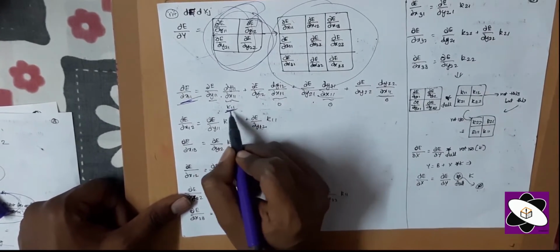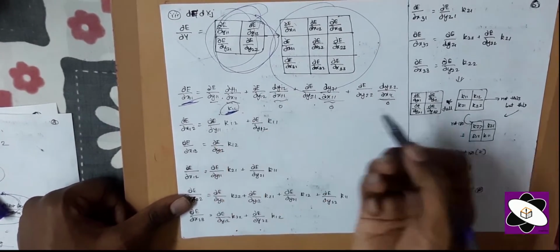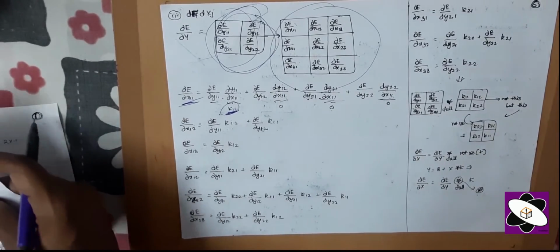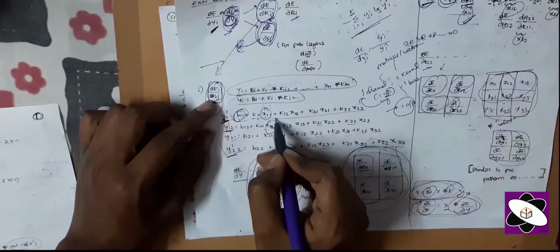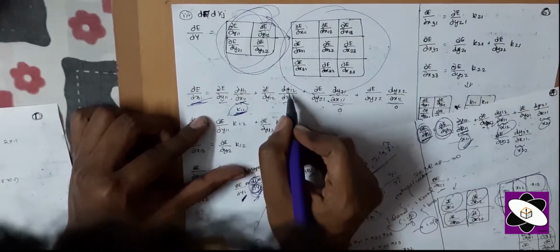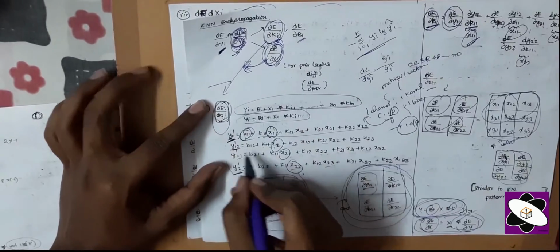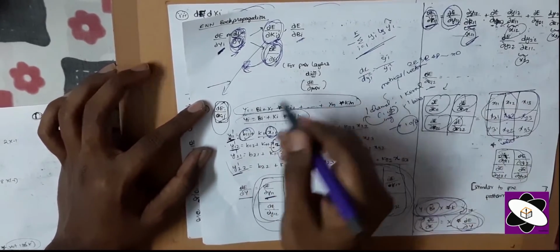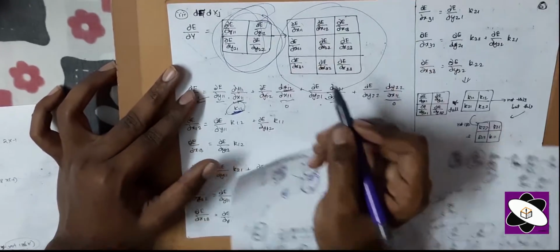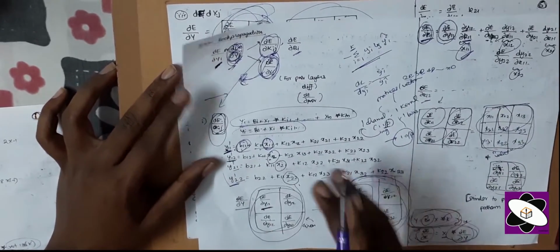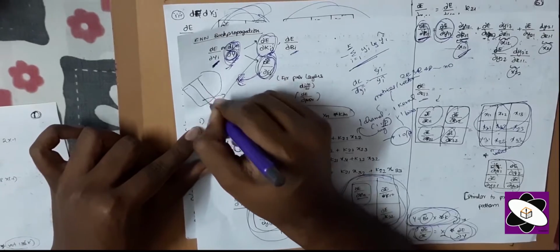In this case we will get k11, because if we have the dy1 equation with respect to x11, we have this, but with respect to dy12 we don't have x11, because our matrices will be shifted over here. We have x in y12, but we don't have x11.